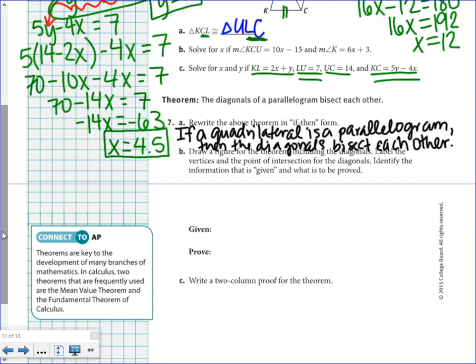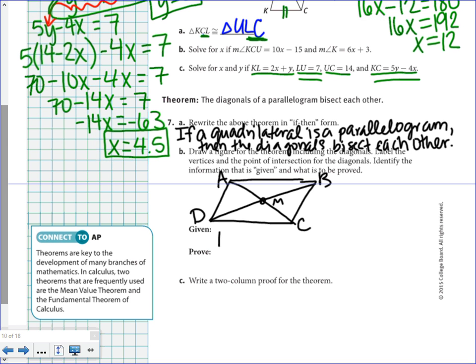Part B wants us to draw a figure. So I'm going to draw a parallelogram. And I'm going to label A, B, C, D. And I'm going to draw the diagonals and label the intersection as M. And then we are given that we have a parallelogram.